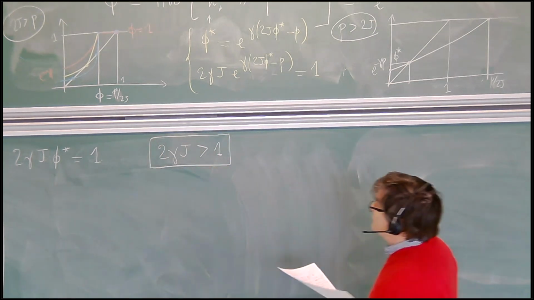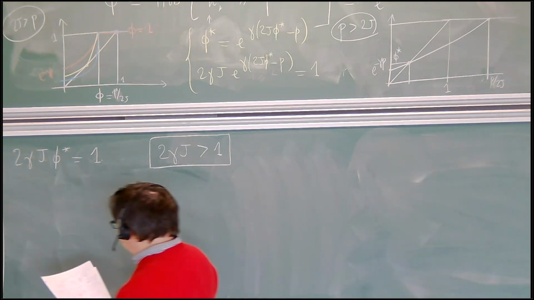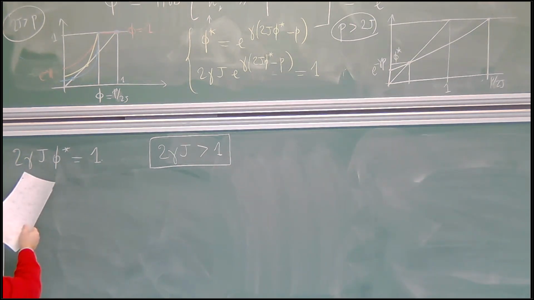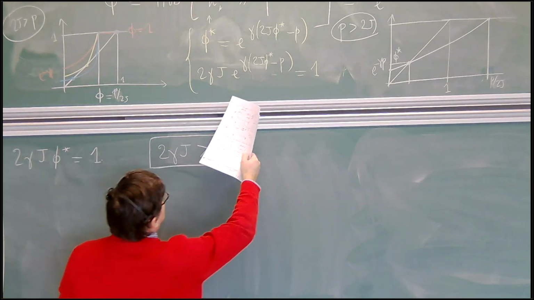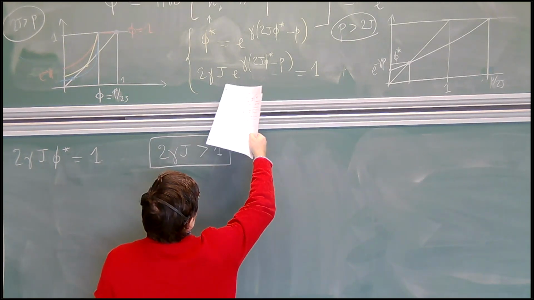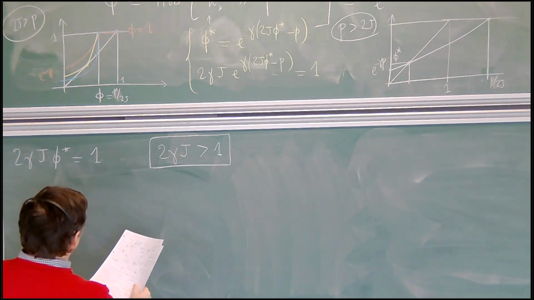So that's a condition for the existence of non-trivial effects. And now using this equation here and injecting it in one of the two equations, anyway, they're going to be giving the same result.